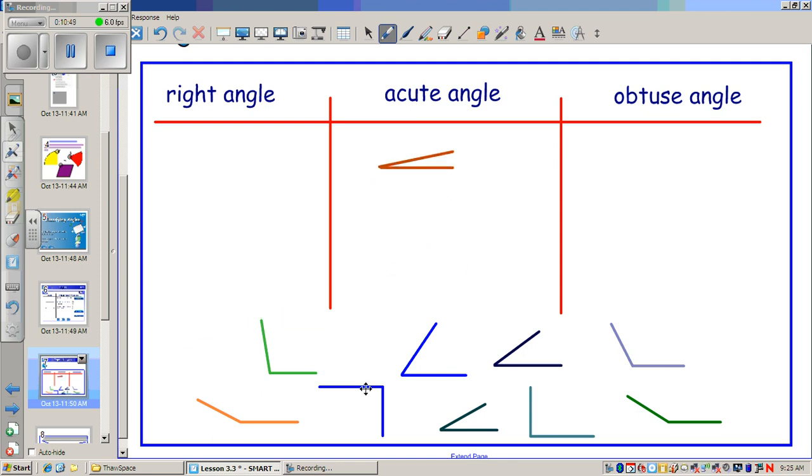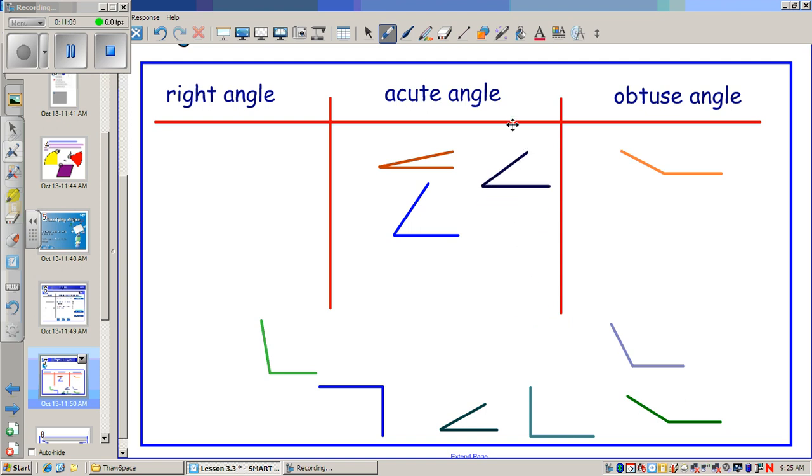I know that this one is really stretched out and big, so I know he's an obtuse angle. This little guy is cute or acute because if this line over here was standing straight up, I know it'd be right, but it's not. It's less than that. This little guy is acute, right? Less than 90. This little guy is less than 90.